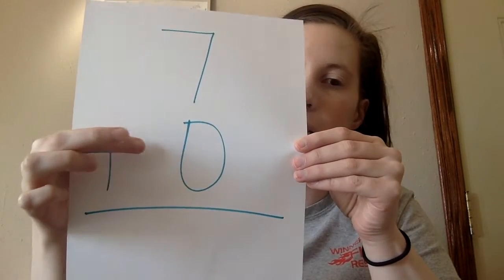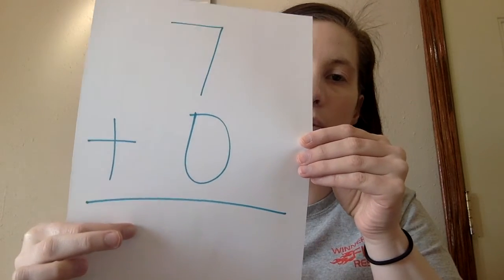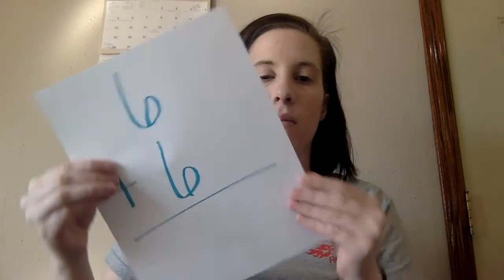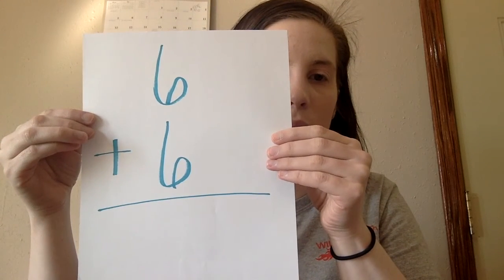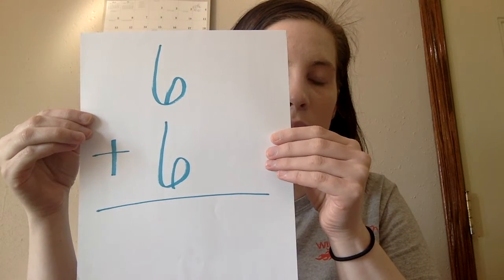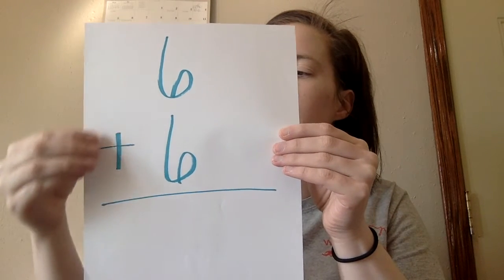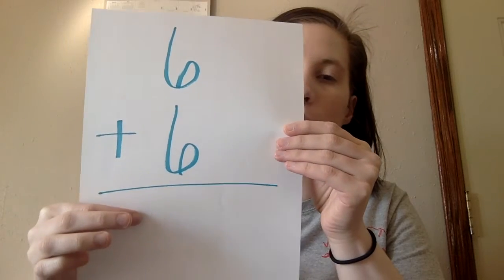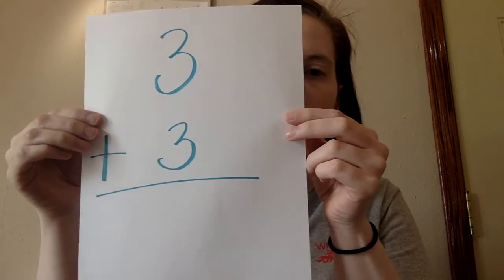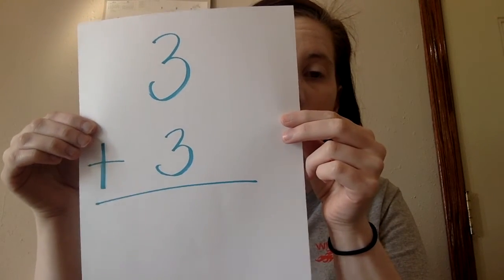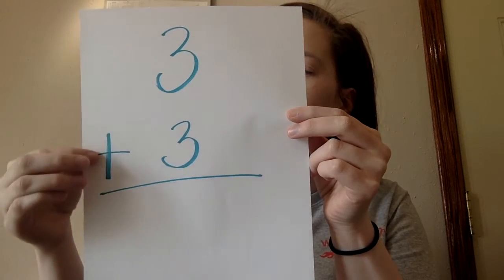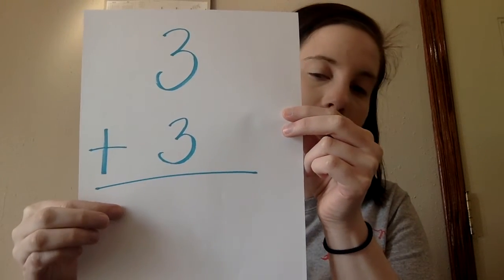Seven plus 0 equals 7. Six plus 6 equals 12. Three plus 3 equals 6.